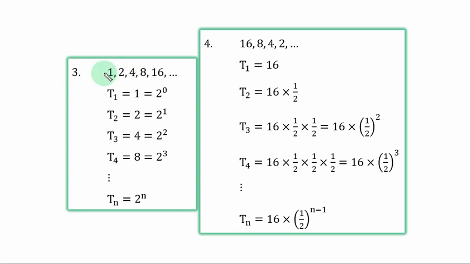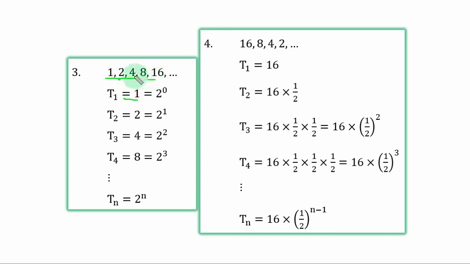Example 3, we have this sequence. The nth term is needed. The first term is equal to 1. But if you observe from the second term to this term, 2 is common.